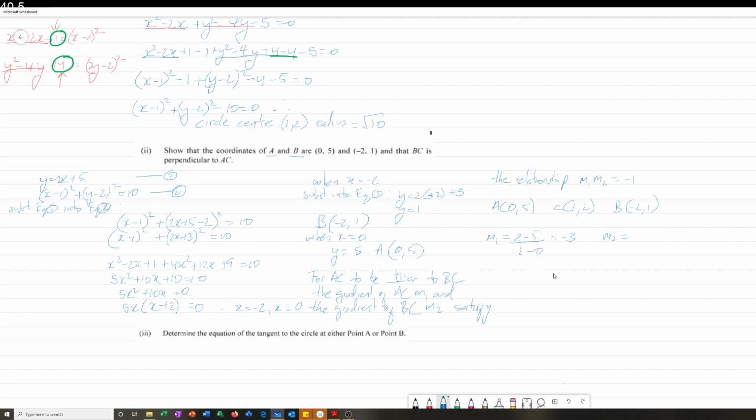So I probably skipped a step here and didn't label, so let's say x1, y1, x2, y2. So I skipped these steps, but let me at least do it over here. So your gradient M2 is y2 minus y1 all over x2 minus x1.